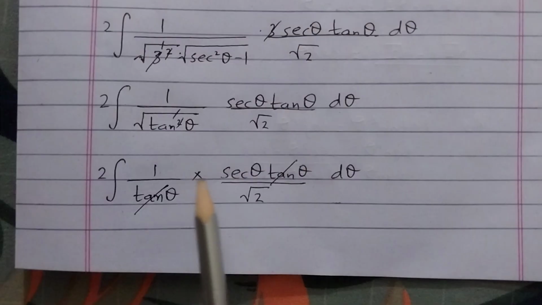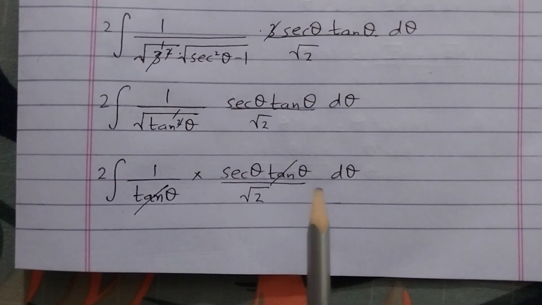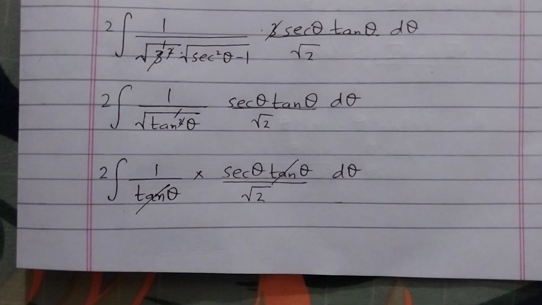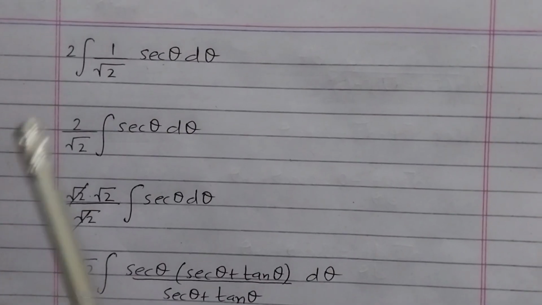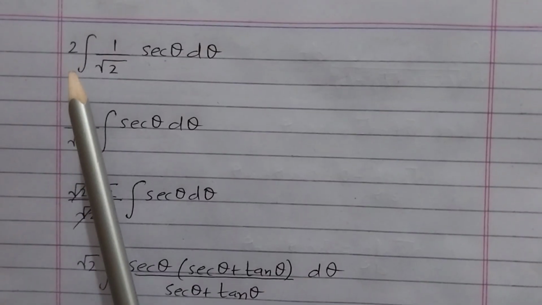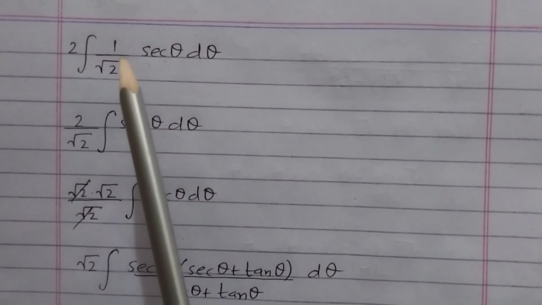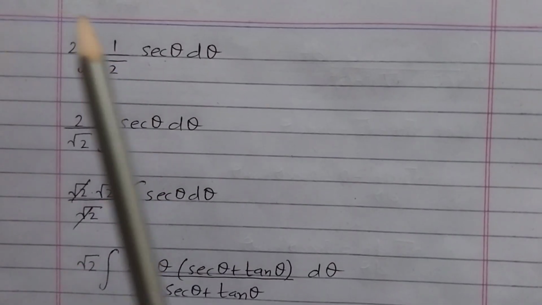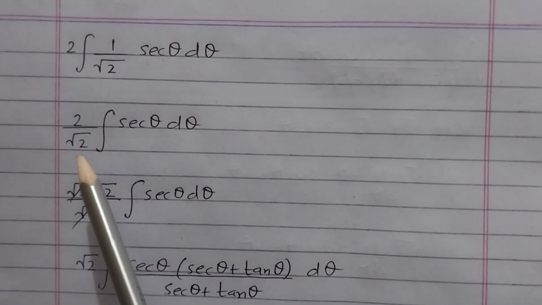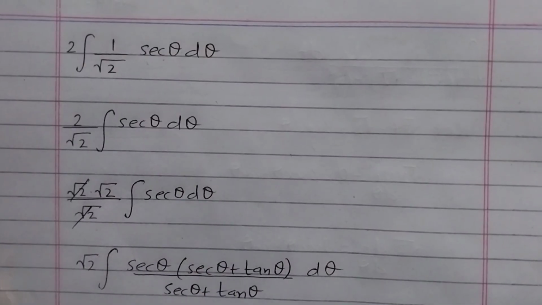So we are left with 2 times the integral of secant theta over square root 2, and we are integrating this with respect to theta. So this becomes 2 times the integral of 1 over square root 2 secant theta d theta. This square root 2 is a constant, it can be moved outside. So 2 over square root 2 times the integral of secant theta, and we are integrating this with respect to theta.